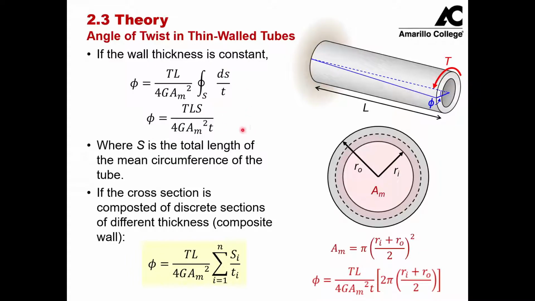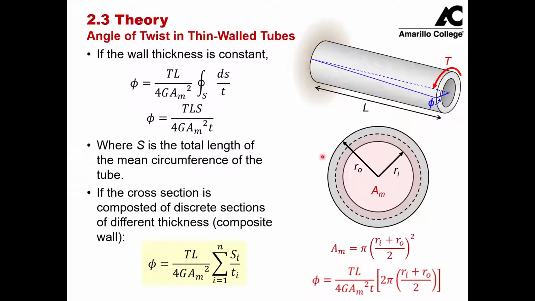So here is our equation for the angle of rotation for a hollow shaft, and let's practice with a simple hollow circular tube so we get an understanding of how we would calculate it. The hardest terms to calculate here are going to be s and our mean area, so our circumferential length and our mean area. Once again, we're interested in the circumference passing through the center of the wall thickness.